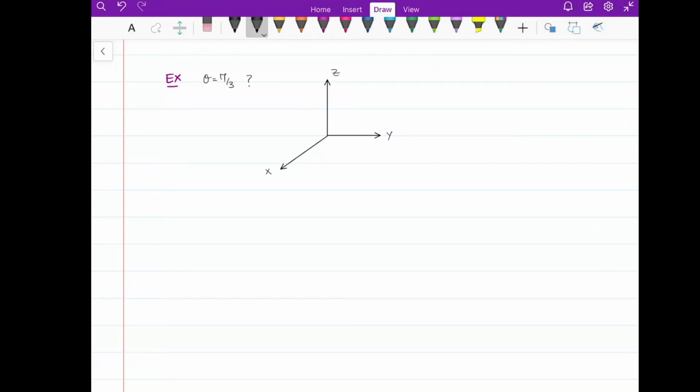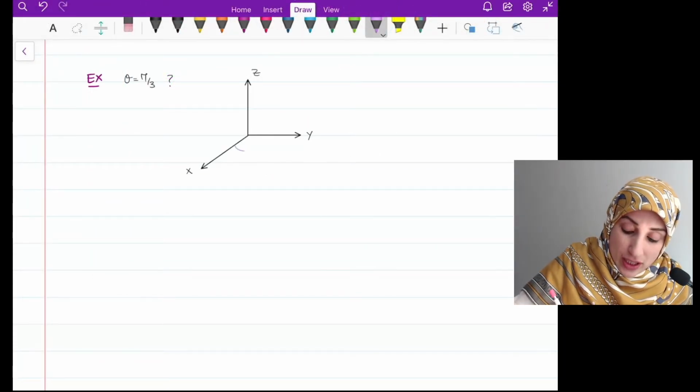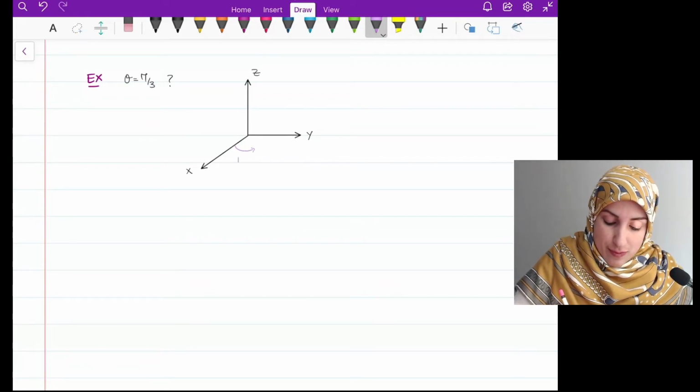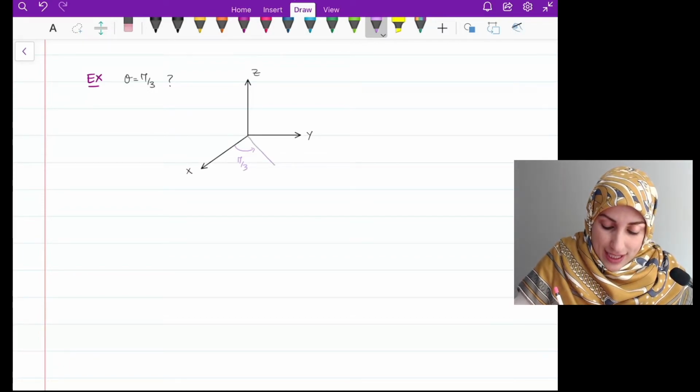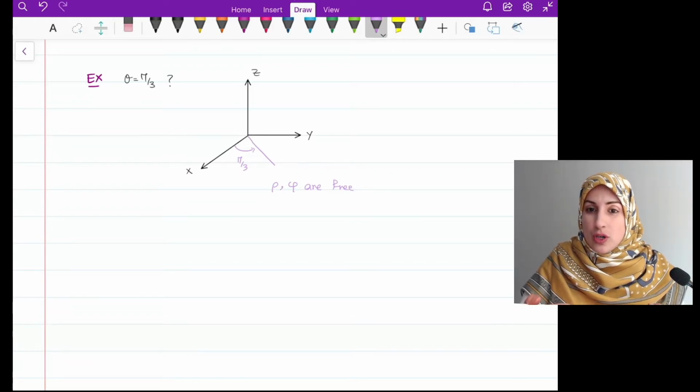Okay, when theta is equal to pi over 3, I'm basically calculating an angle counterclockwise from the positive x-axis. So this is pi over 3. Look here that rho and phi are free, right? We don't have any restriction on rho and phi.